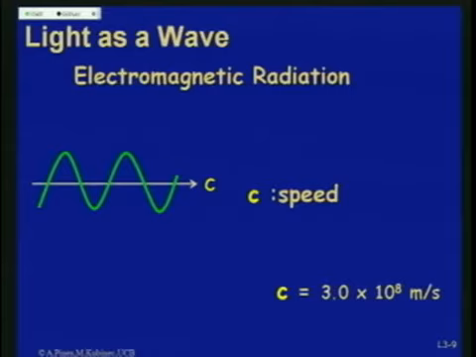Now, if you watch these waves coming in and you have 2 crests, and if you have these long waves, the 2 crests are very far apart. So you have a very long wavelength. The wavelength is defined as the distance between 2 adjacent crests or 2 adjacent troughs. That's the wavelength.